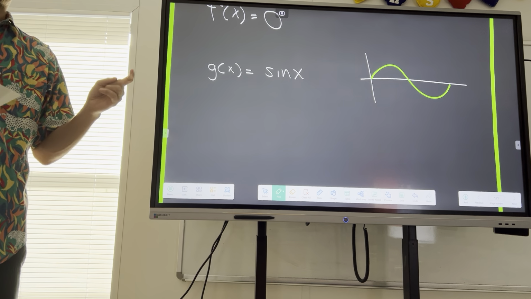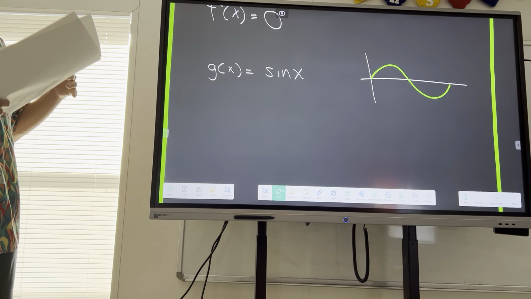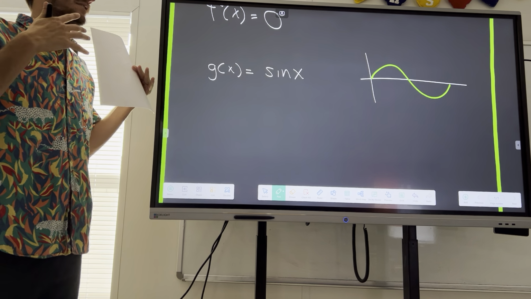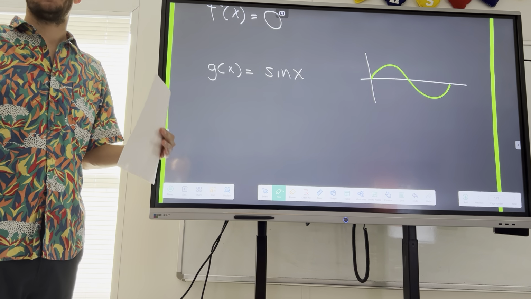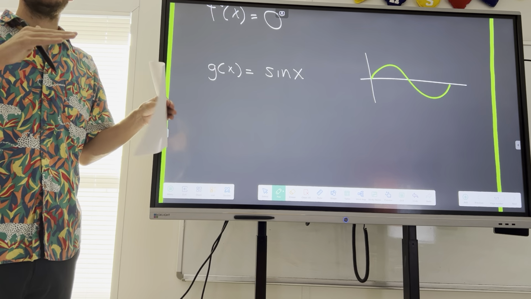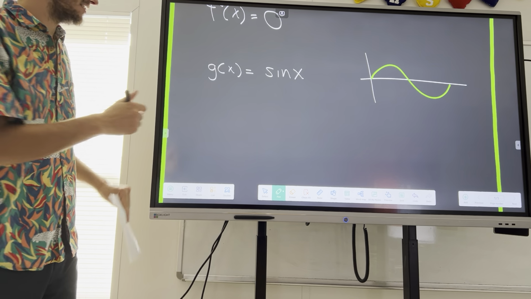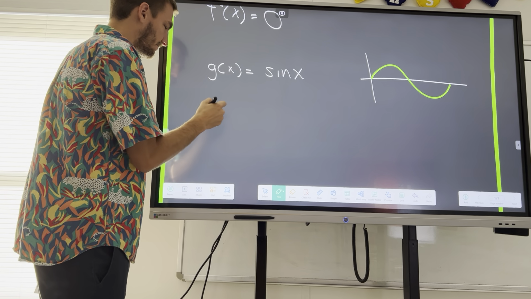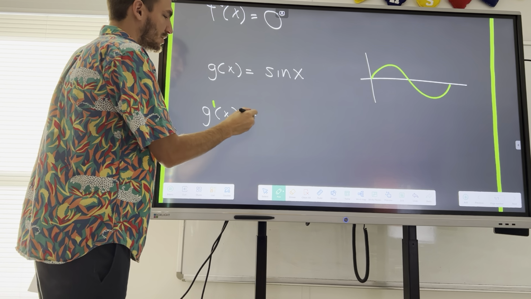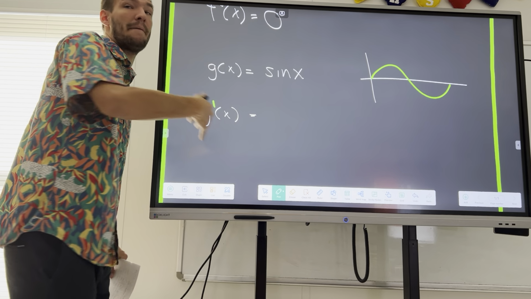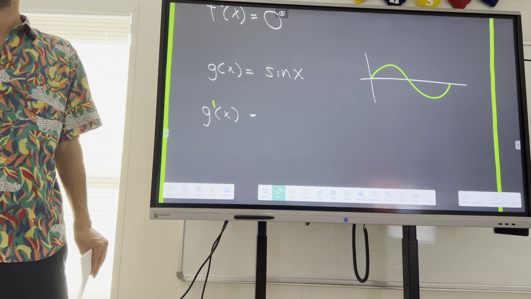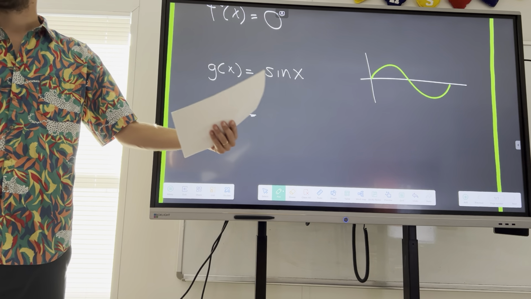We haven't done a whole lot of this, but let's talk about what the derivative means. The derivative is the instantaneous rate of change, which means g prime should be some sort of function that models all the different slopes of sine.